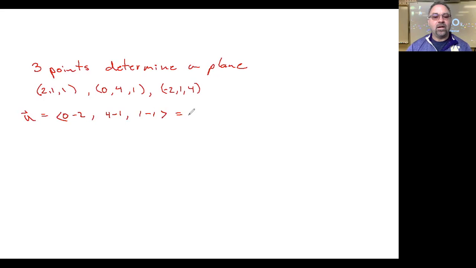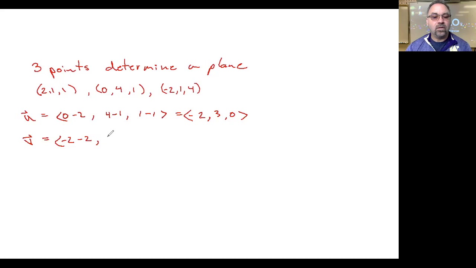And notice that creates the u vector, <-2, 3, 0>. And then I need another vector. How about v vector? I want to use the same point, I still want to use (2, 1, 1). It's just now I want to find the vector from (2, 1, 1) to the other point, (-2, 1, 4). So we have -2 minus 2.